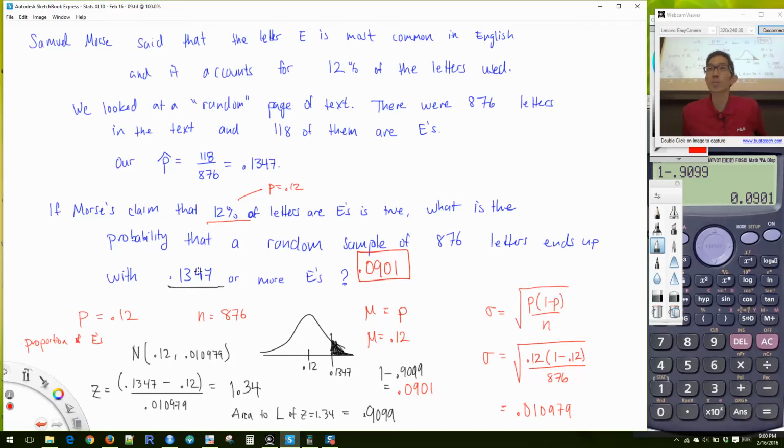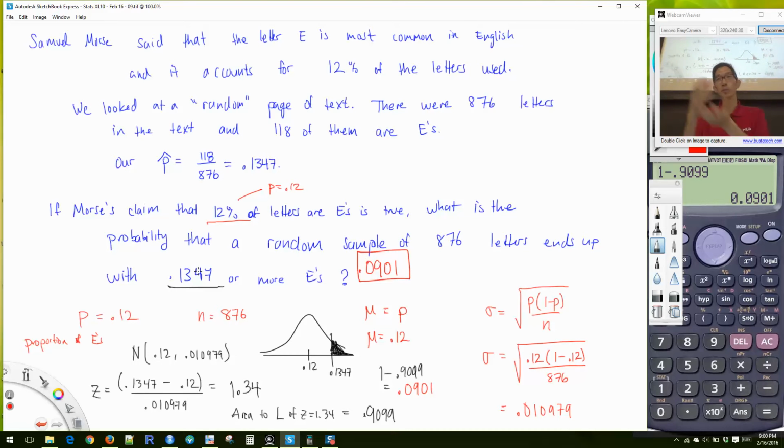Yes? So in a sense, it's a percentage of a percentage. It's the probability associated with a percentage. We shouldn't think of it as a percentage of a percentage. We're saying this bucket has certain proportions in it. This bucket is 12% E's.